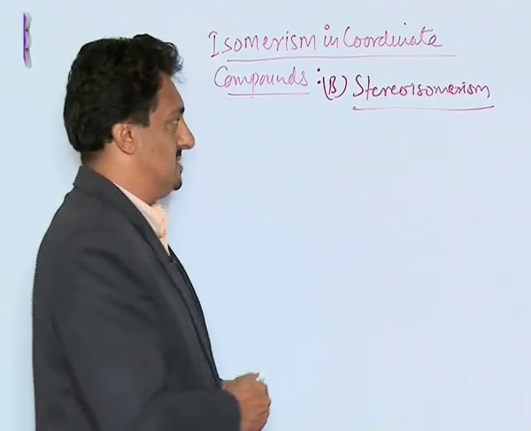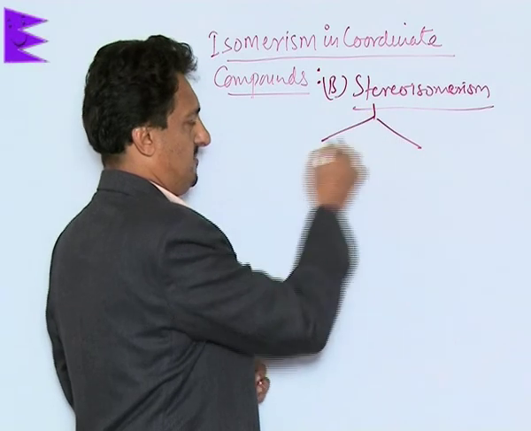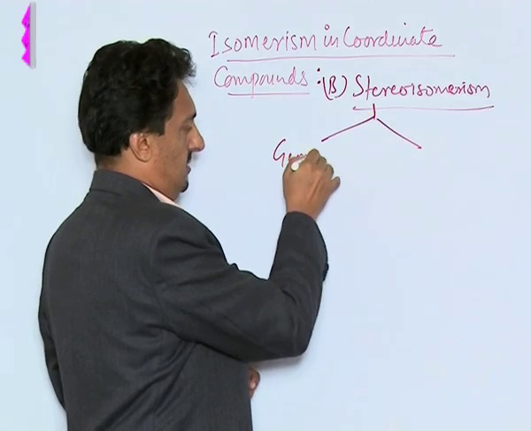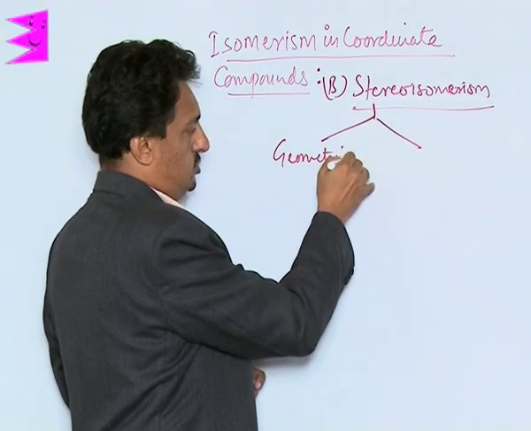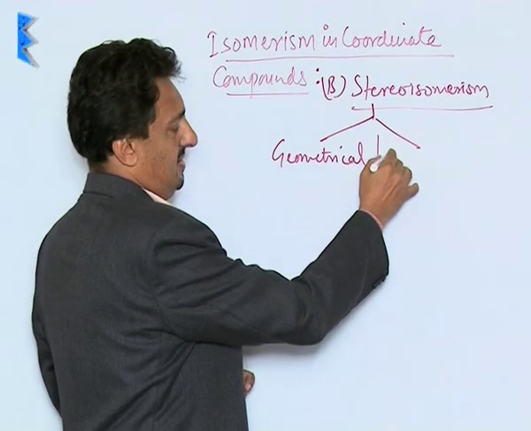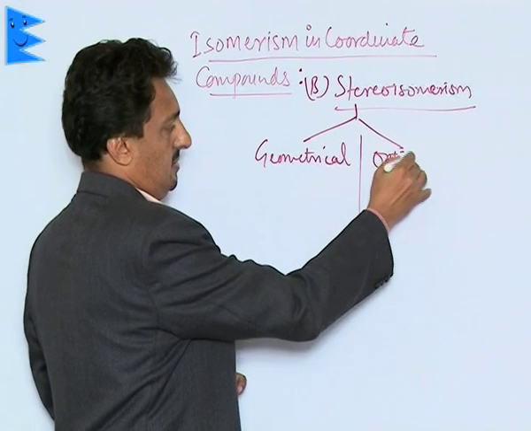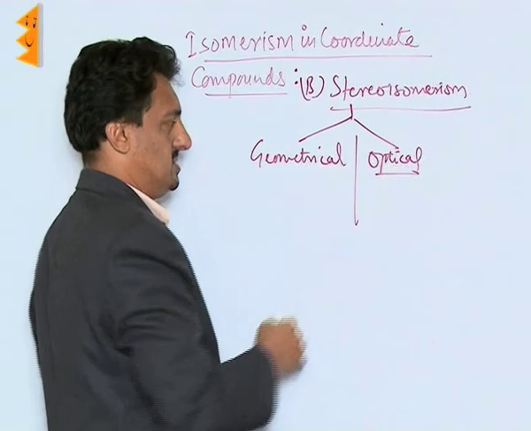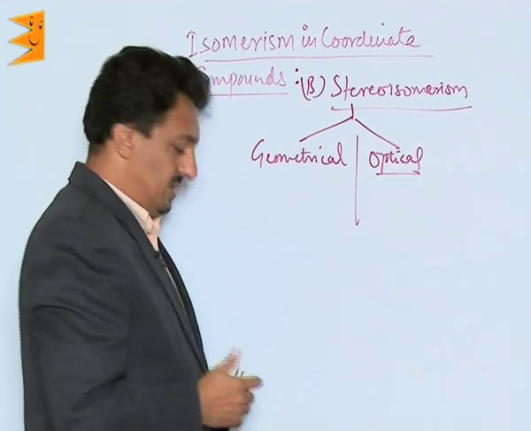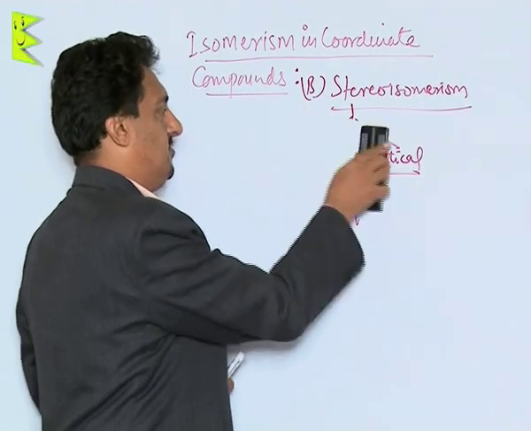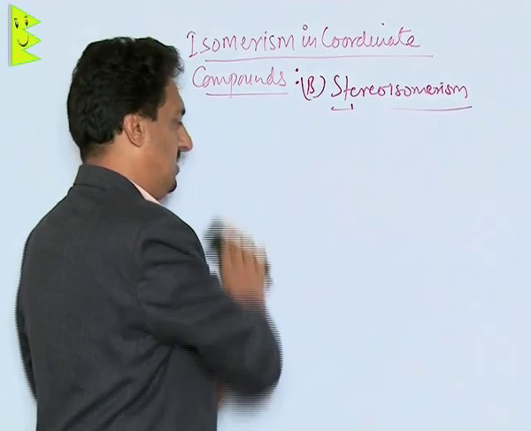Now stereoisomerism, we know, is of two types. It is geometrical, and the second category is optical. So now let us first see the geometrical isomerism.